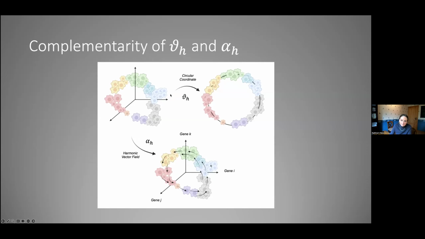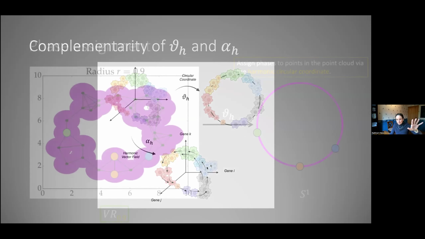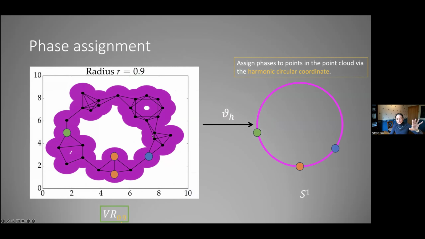That's the sort of thing we get from the circular coordinates. On the other hand, this alpha H, which assigns a real number to each of the edges, we can think of as giving us a vector field. So it's telling us something about the dynamics, because by assigning a real number to each of the edges, you can think of that as giving us a vector field.